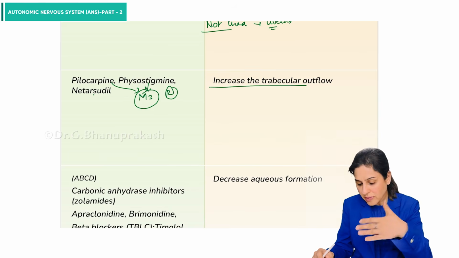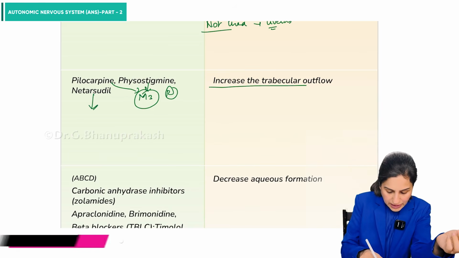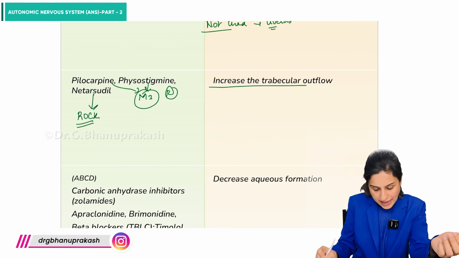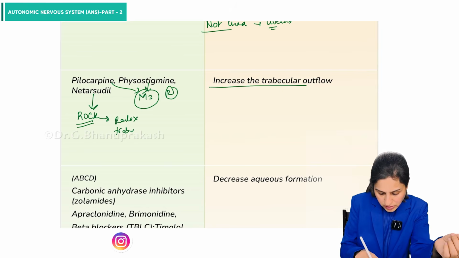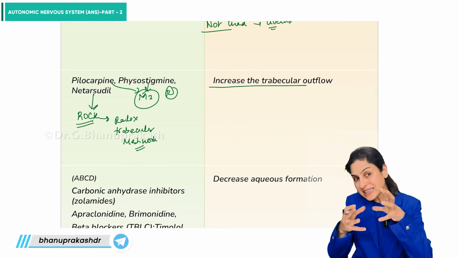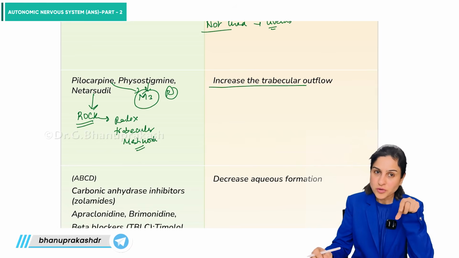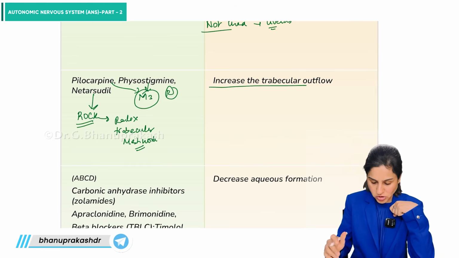So they will increase the trabecular outflow. Now, netarsudil is a Rho kinase inhibitor, right? And this is going to relax the trabecular meshwork. Again, it is going to increase the outflow through the trabecular meshwork.